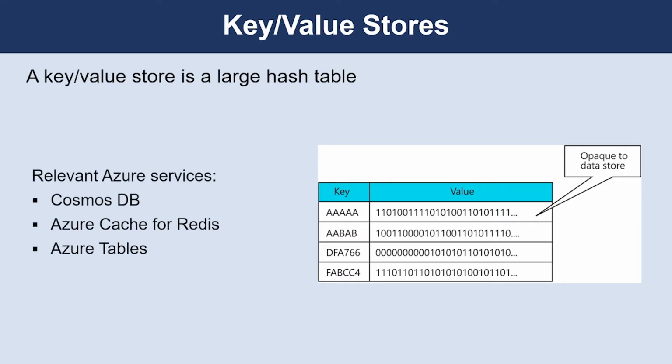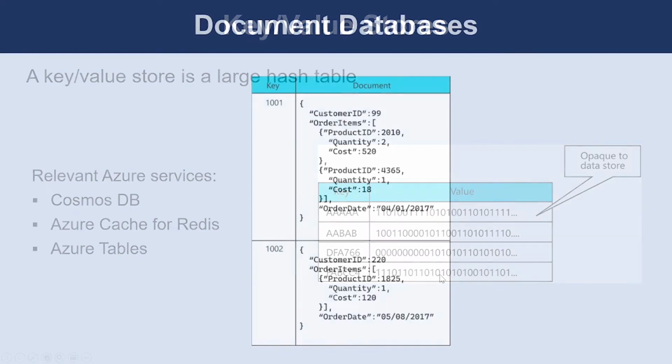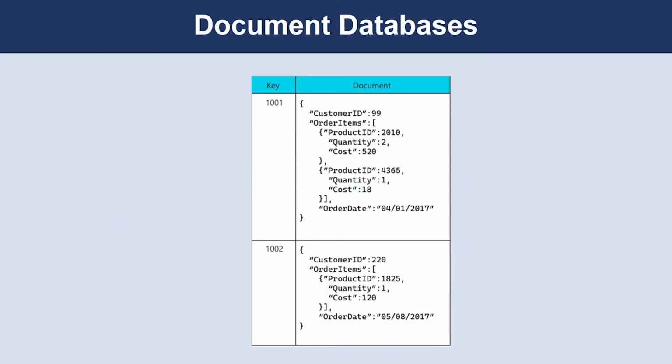Some of the relevant Azure services for key value stores are Azure Cosmos DB, Azure Cache for Redis, and Azure Tables. Now let's look into document databases. A document database is conceptually similar to a key value store, except that it stores a collection of named fields and data, each of which could be a simple scalar item or a compound element such as a list or child collection.